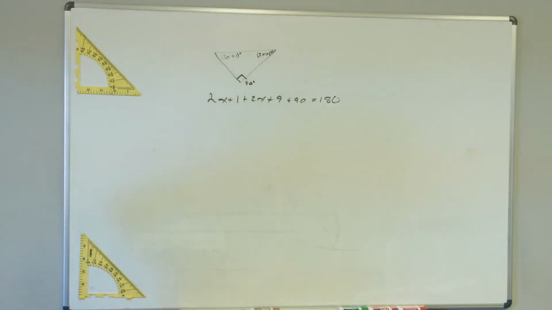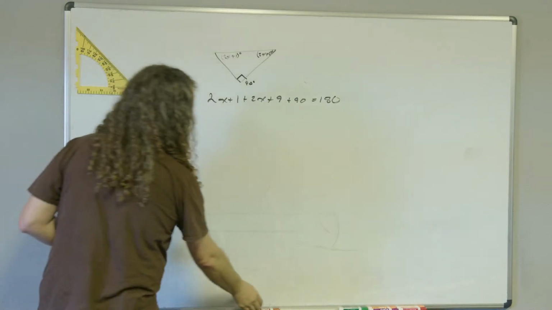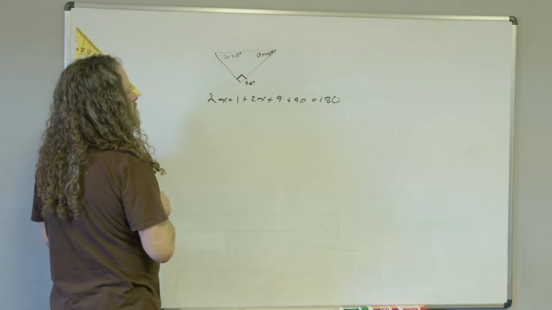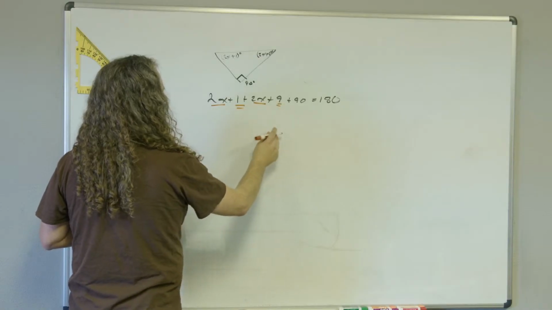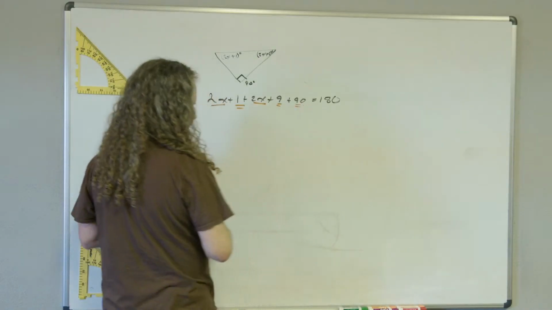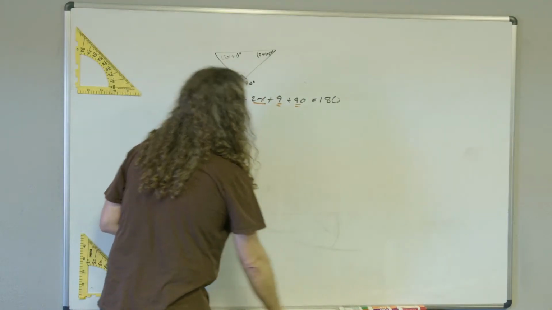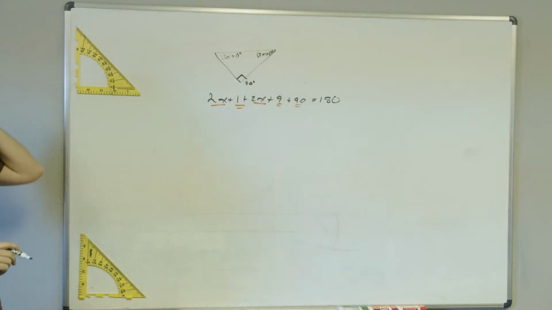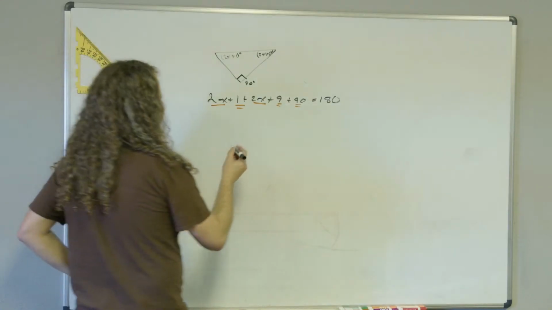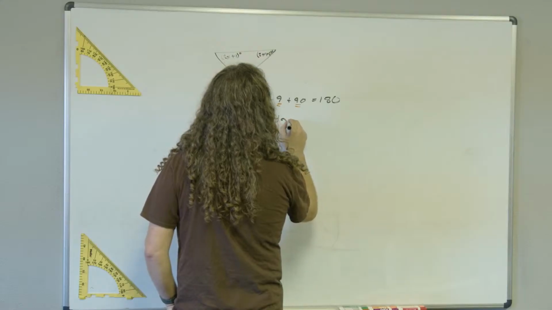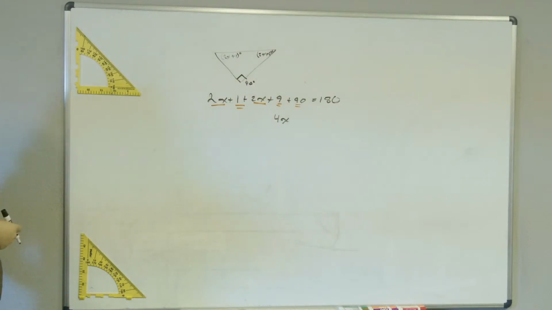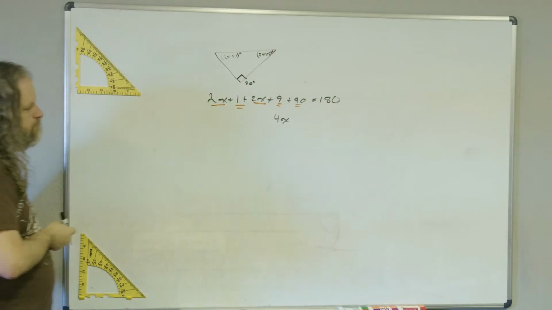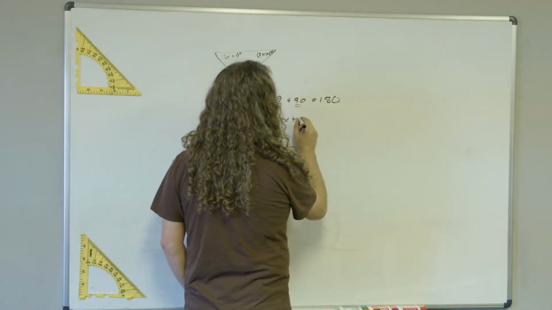So what would we do now? We would combine like terms. Where are they? 2x and the 2x, and then the 1 and the 9 and the 90, right? What's 2x plus 2x? 4x. And what's 1 plus 9 plus 90? 100.